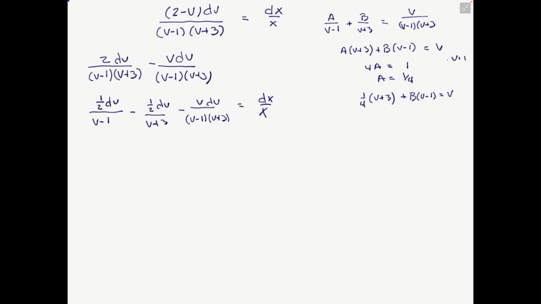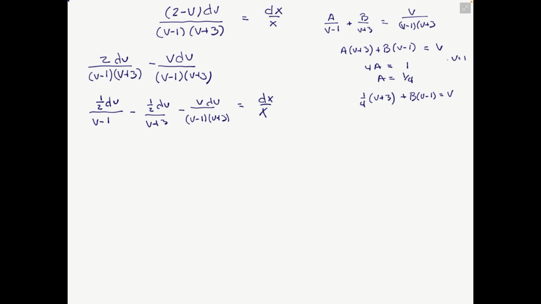Let's make sure I did this right, v plus 3, v minus 1 equals v. Okay, if we chose v equals 1, we have 4a equals 1, a equals 1/4, so that's correct.